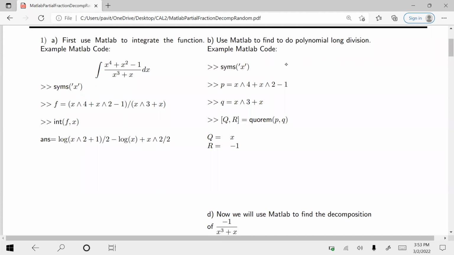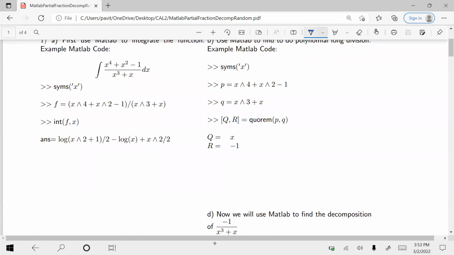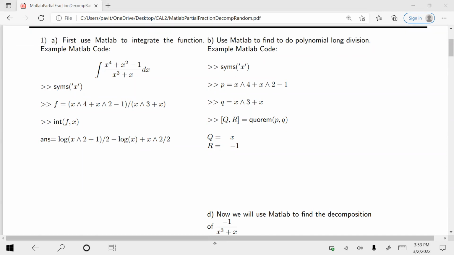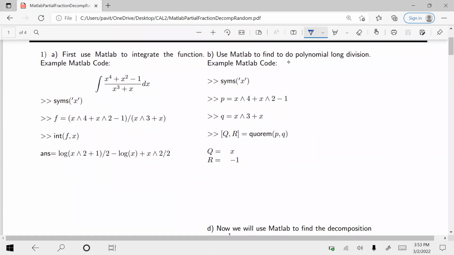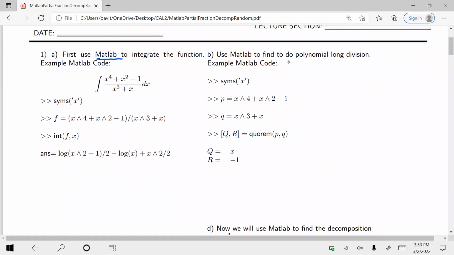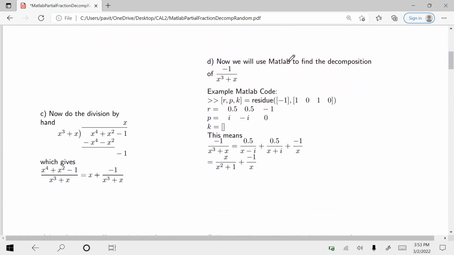One is with MATLAB. We have to do this with MATLAB and also by hand.